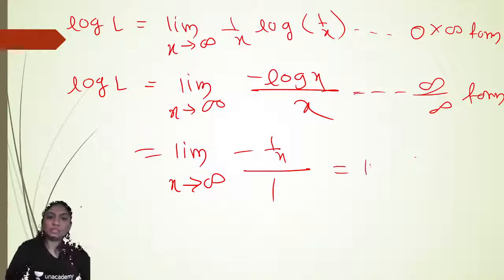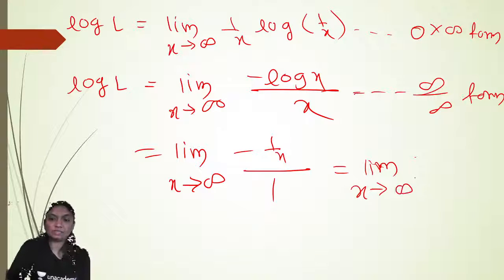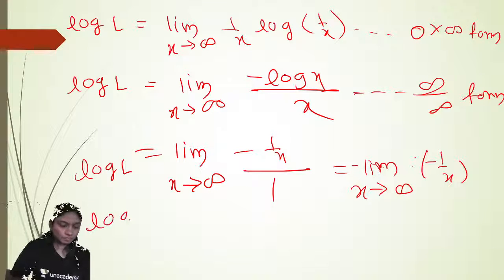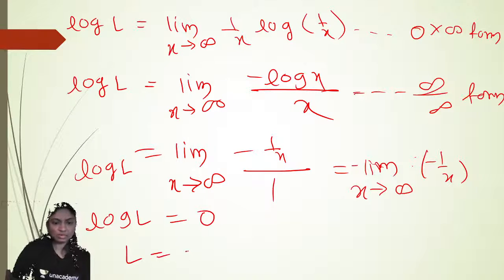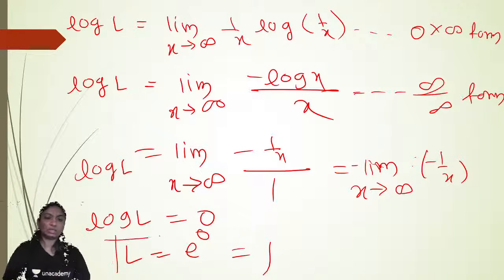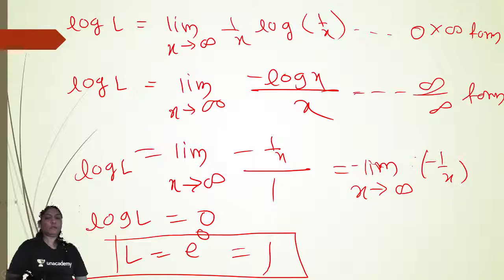So this will become limit as x tends to infinity, minus 1 upon x. So limit as x tends to infinity, you will get 0. Okay. So log L is equal to 0. So L is equal to e raised to 0, equal to 1. So the limiting value of this indeterminate form is 1.